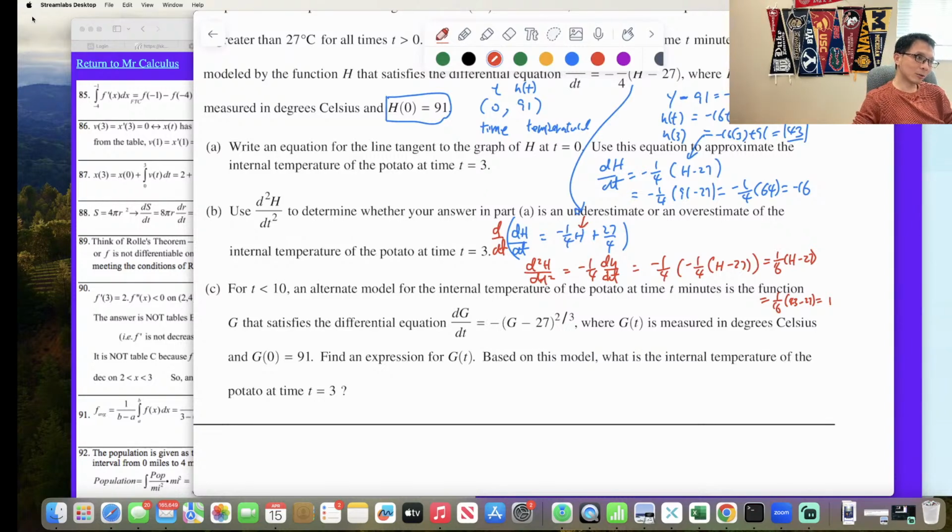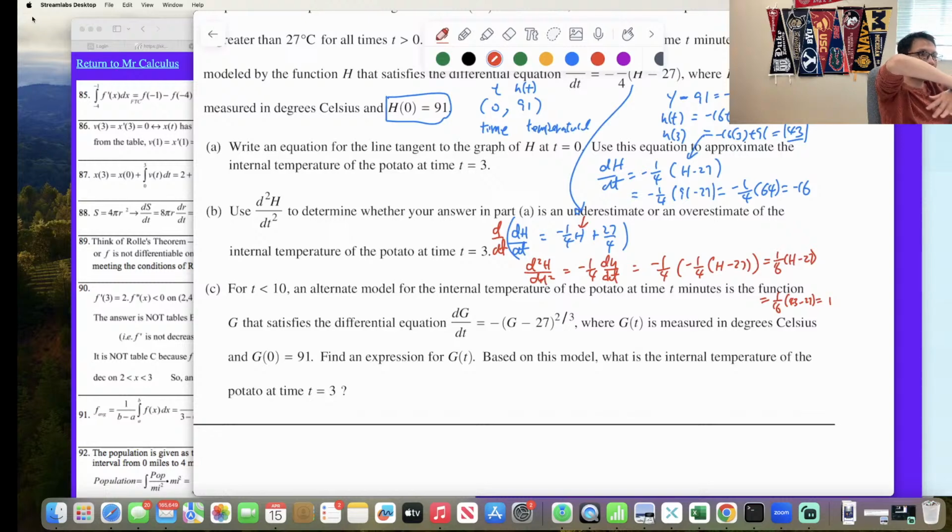Well, that's not why. What does d2h/dt2 tell you? Does it tell you increasing, decreasing, or concave up, concave down? Concave up. So your tangent line is always going to be below if something is concave up. Does that make sense? Your tangent line is below, just like this.